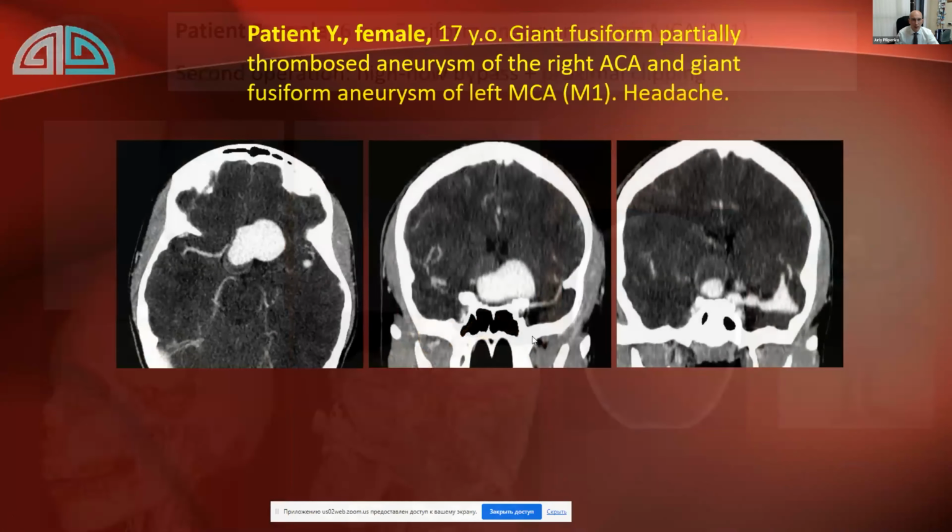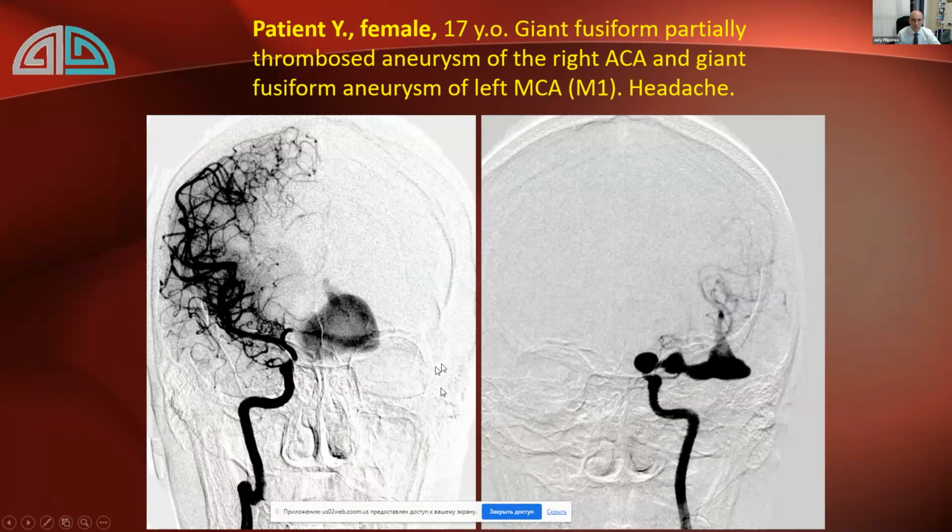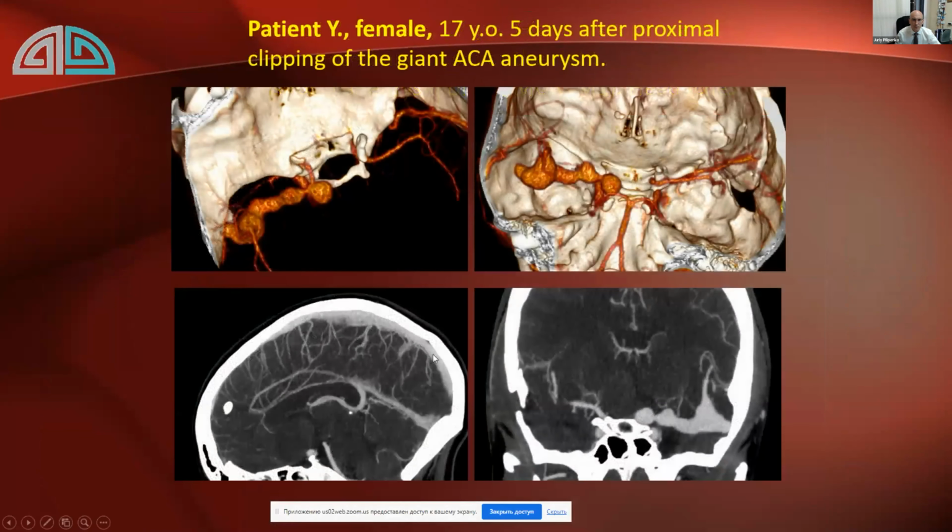Another interesting case: a female patient had a giant aneurysm of the anterior cerebral artery, and also a large fusiform dilation of the left middle cerebral artery. The first stage was proximal clipping of the giant anterior cerebral artery aneurysm. This is a control angio.